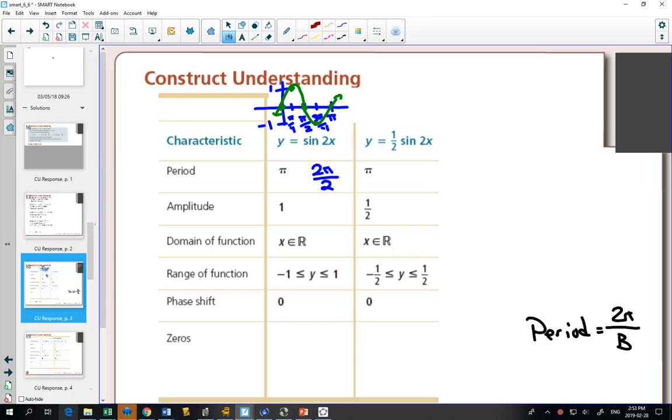From that, you can see that your period is pi, your amplitude's 1, the graph continues on forever, so your domain is everything. Your range is -1 to 1, and your phase shift is 0 because we haven't moved it left or right. Now, our zeros are at 0, pi over 2, pi, 3 pi over 2.